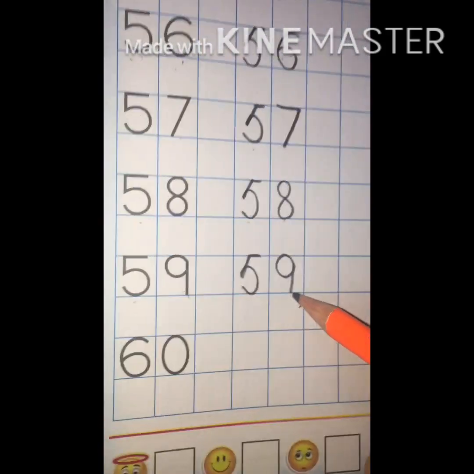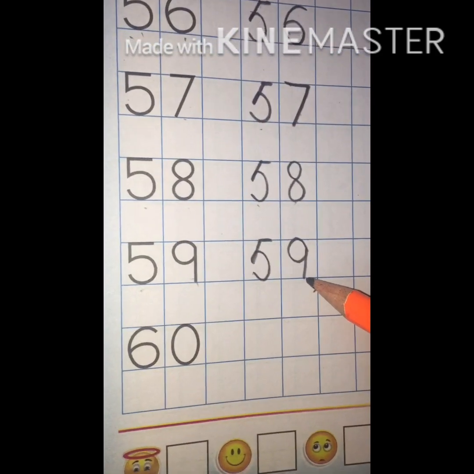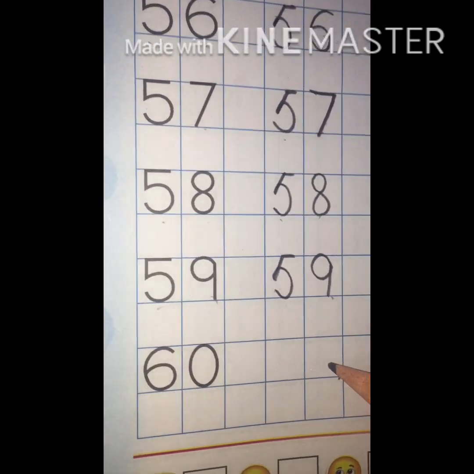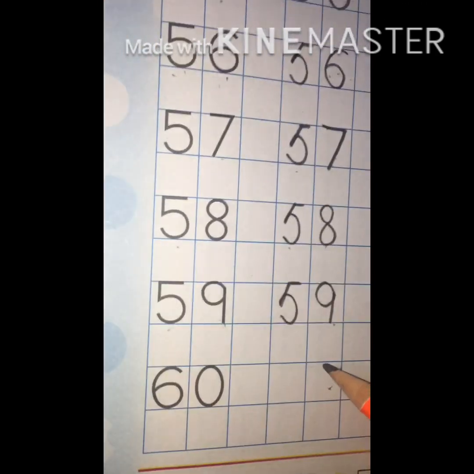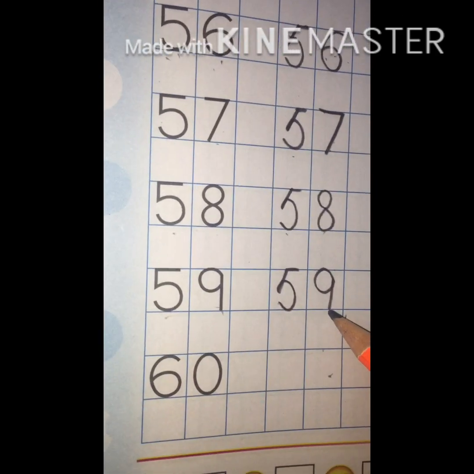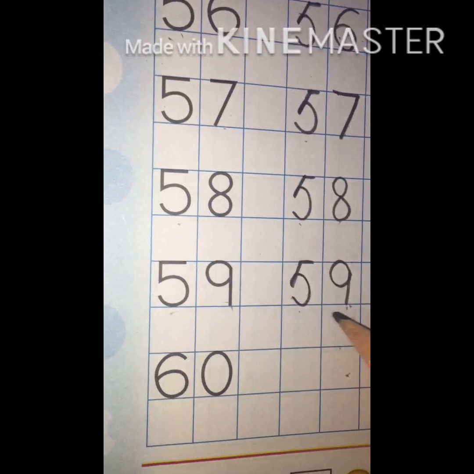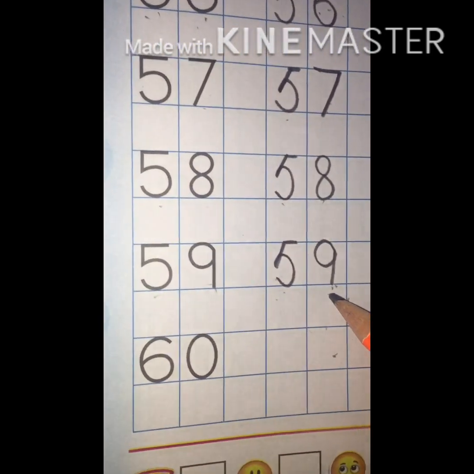Now, we have number 9 at the end. So, what will come here? Number 0. Yes. When number 9 is coming at the end, then both the digits will change.